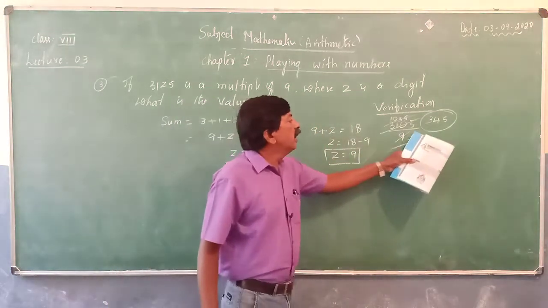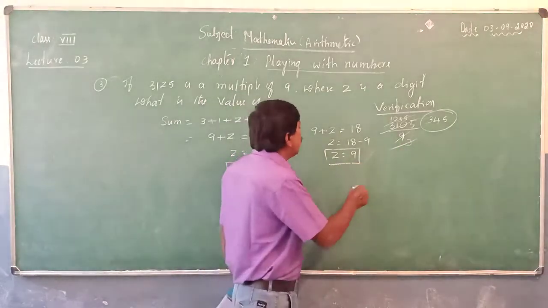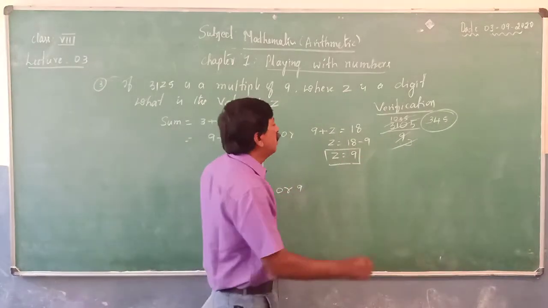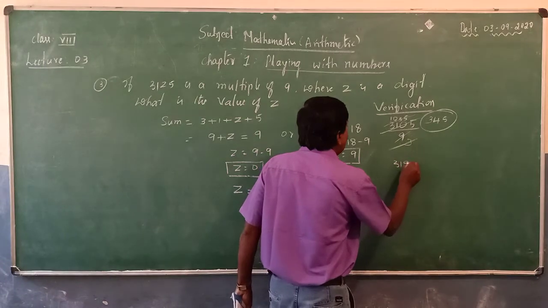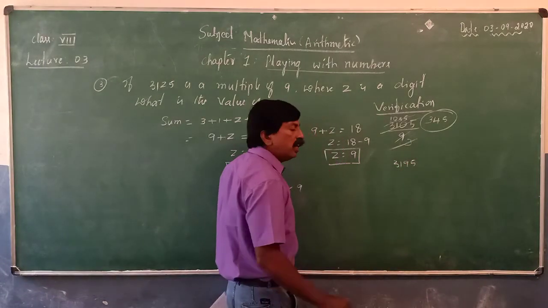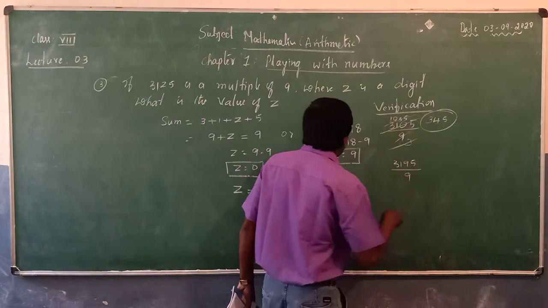Now in the same way, you can take Z as 9. So 3195 divided by 9.